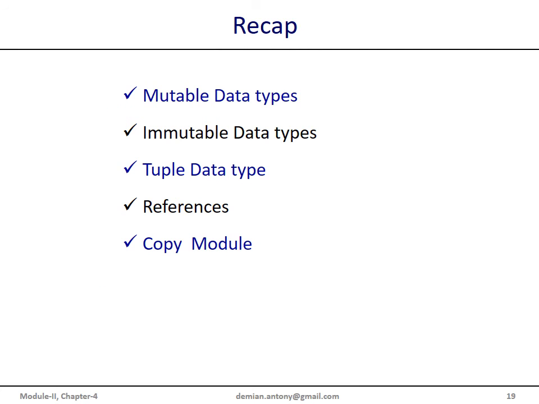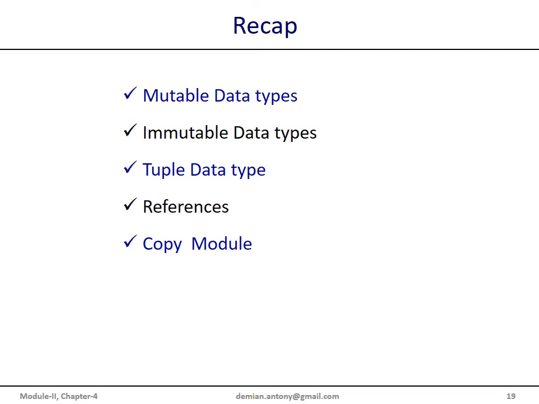Let us summarize the discussion. The lists and strings share common features, and we know that list is a mutable data type and string is an immutable data type, and all the operations and methods which are supported for lists are also supported for strings.